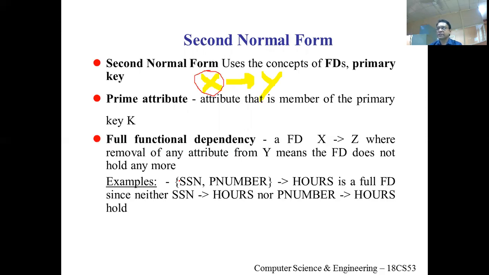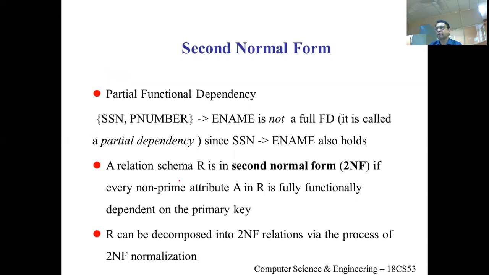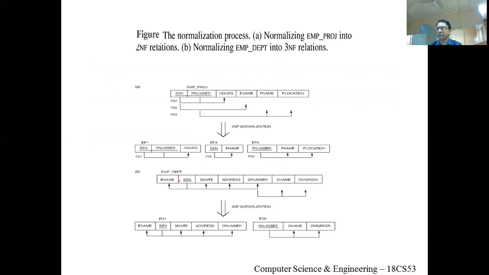And then we have to discuss the prime attribute. Prime attributes are the attributes which are part of a primary key. We may have a composite primary key, right? In case we have two attributes that correspond to the primary key, then those attributes are called prime attributes. And also if any candidate keys are available, then those are also called prime attributes.